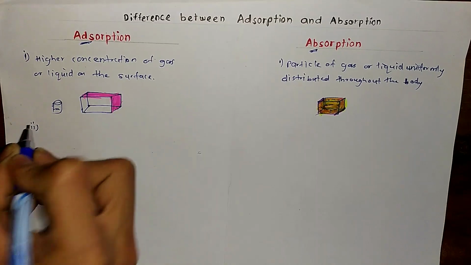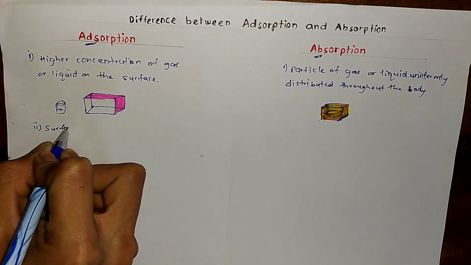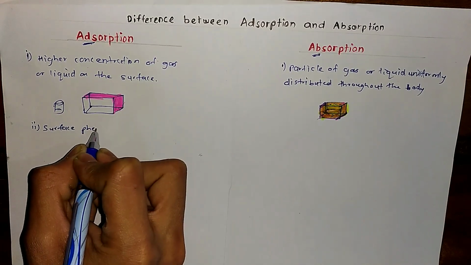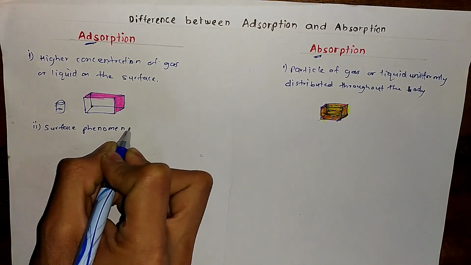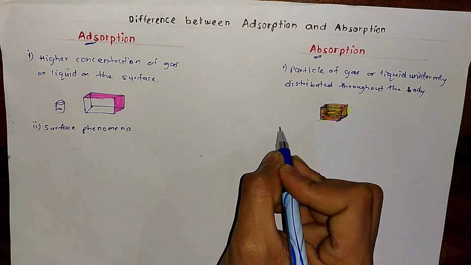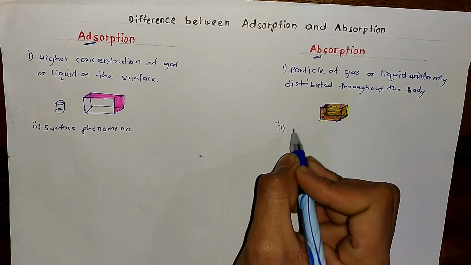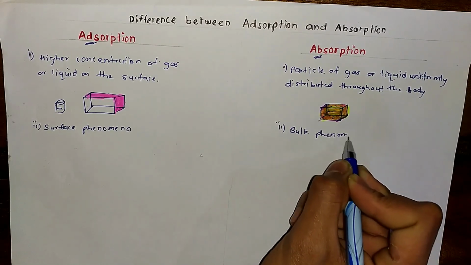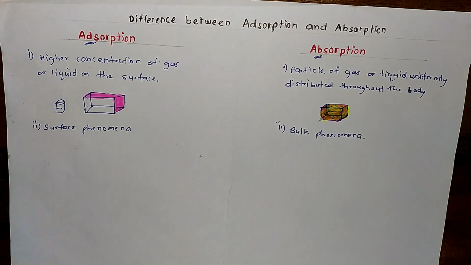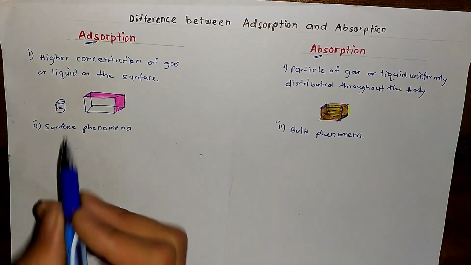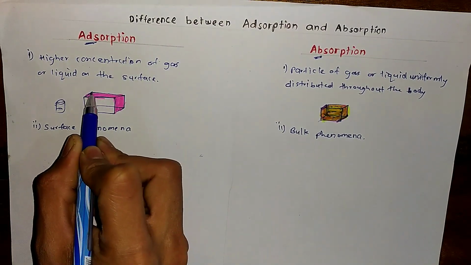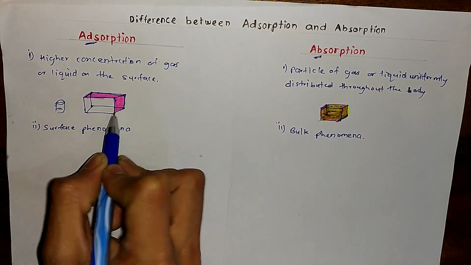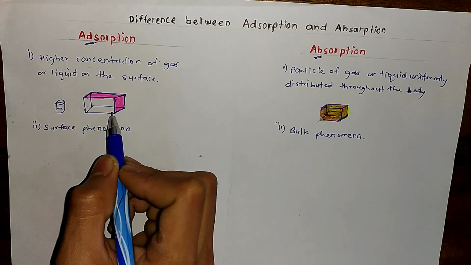Second difference between adsorption and absorption: adsorption is a surface phenomenon and absorption is a bulk phenomenon. In this example, the solution only covers the outer surface of the wooden block.